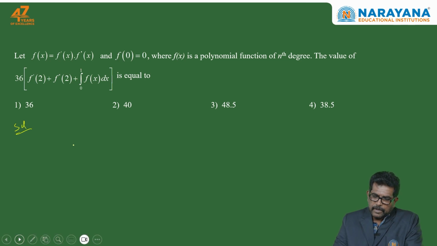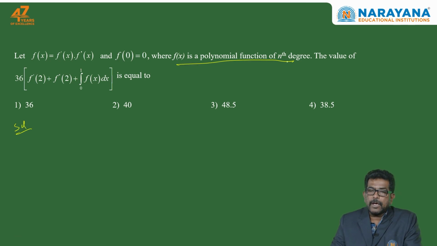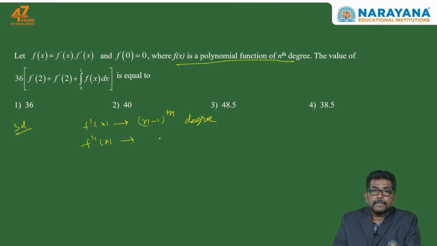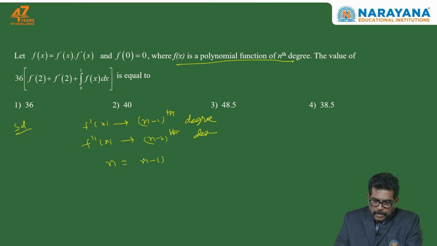Observing the degrees here, f of x is of nth degree, f dash of x is n minus 1 degree and f double dash of x is n minus 2 degree. So here f of x is equal to f dash of x into f double dash of x.